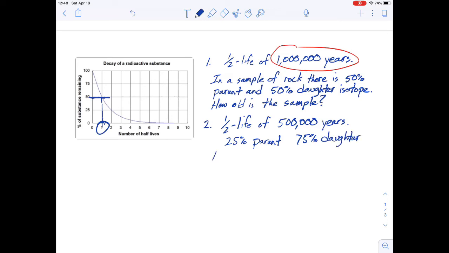How old's the sample? Well, that means we're down here. To get to 25% parent, how many half-lives? 2 half-lives. Times 500,000 each equals, again, 1 million years.